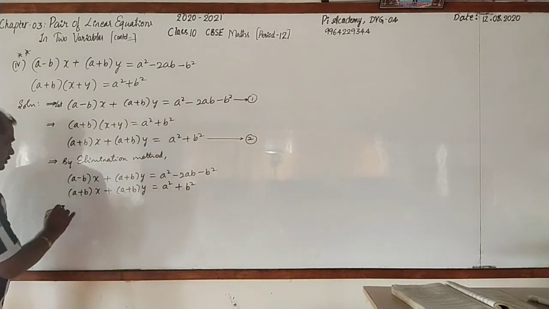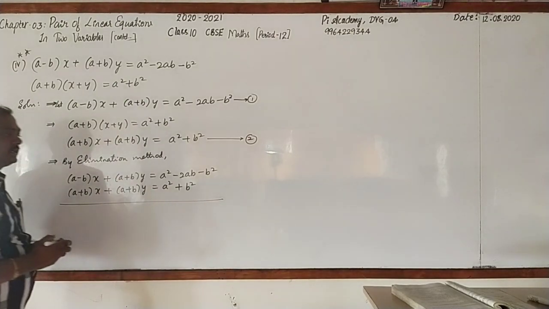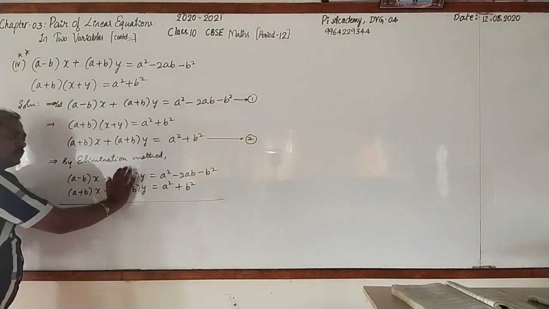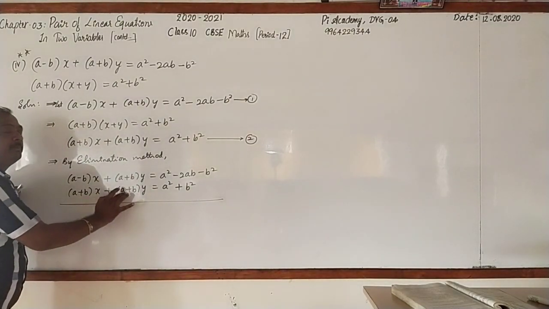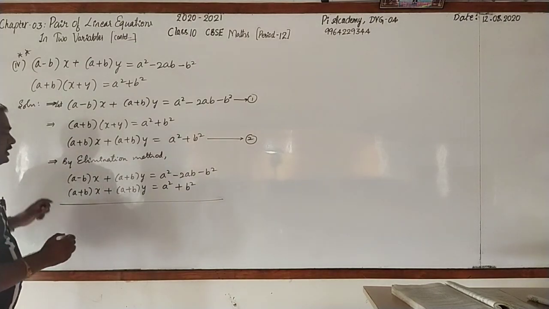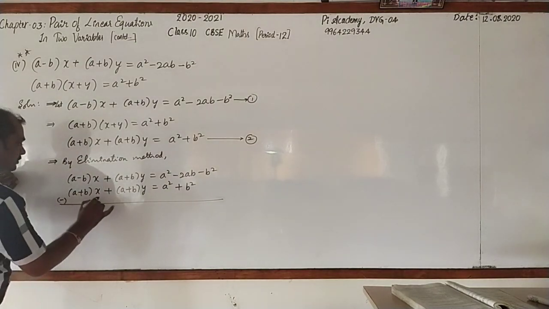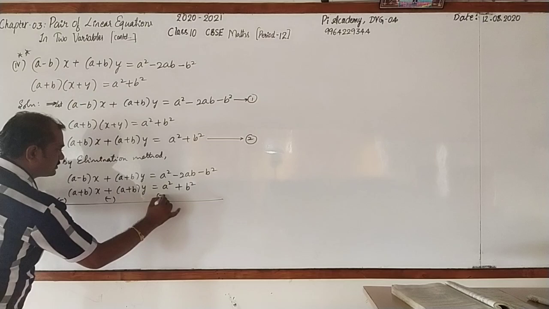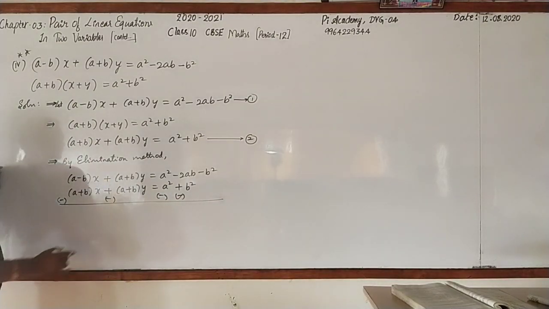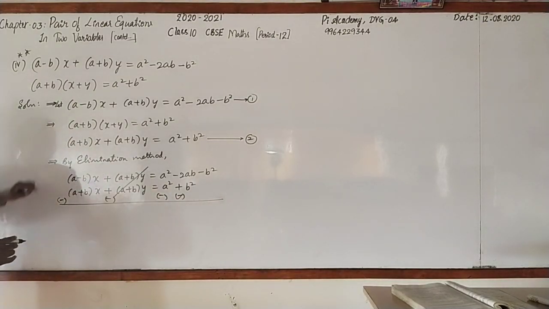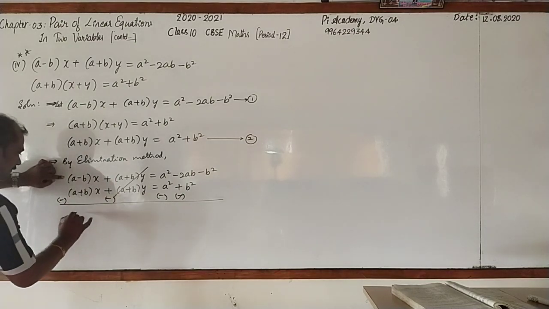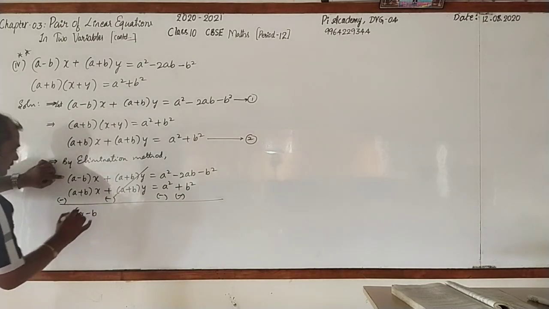Is it necessary to change the sign? Certainly. The reason is the coefficient of y is the same but not opposite in sign. Hence, change this as minus, this as minus, this as minus, even this is also minus. The y term gets cancelled.